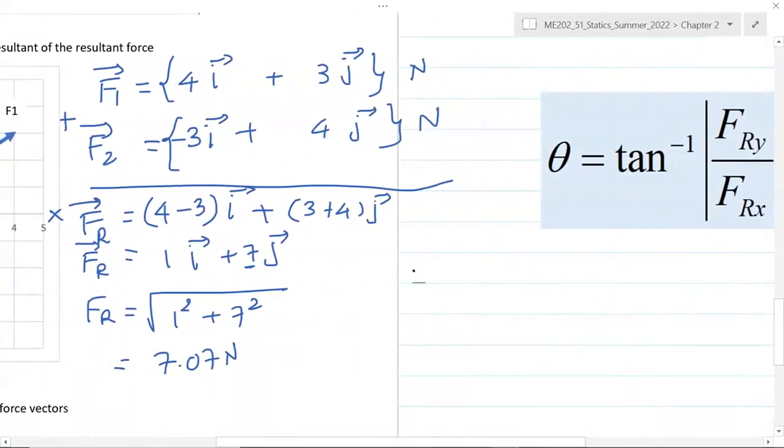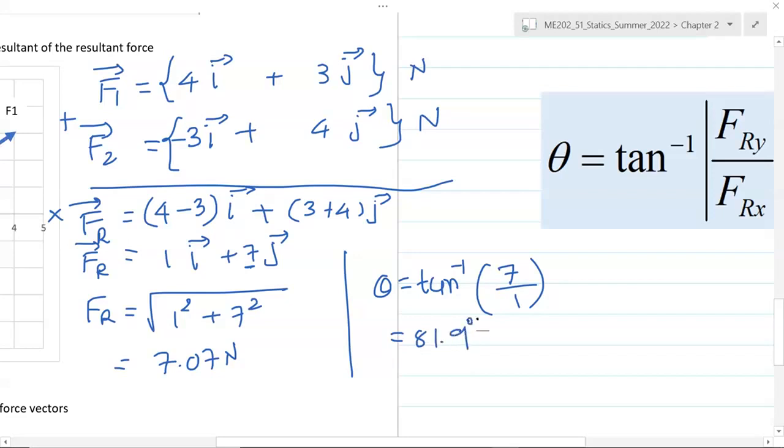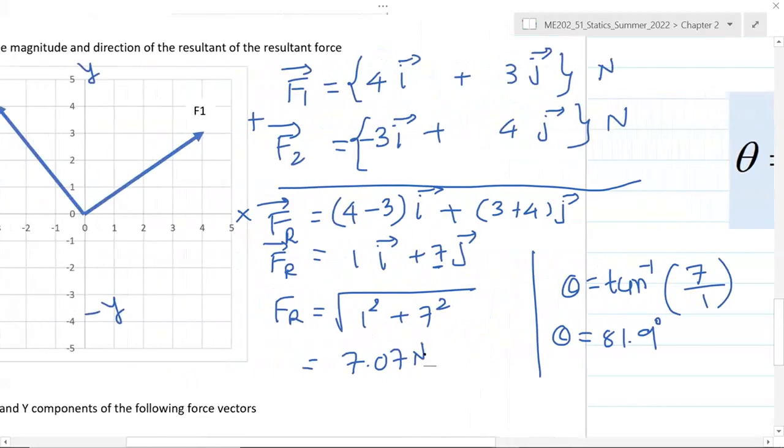And angle theta is tan inverse 7 divided by 1, and that number is 81.9 degrees in three significant figures. So this is the resultant force magnitude and resultant force angle.